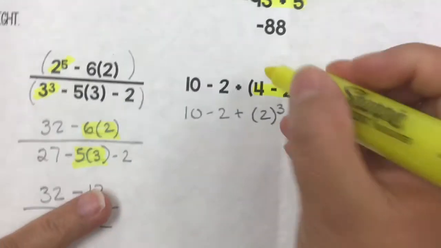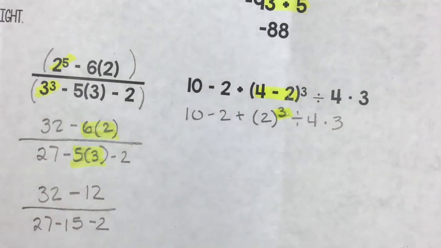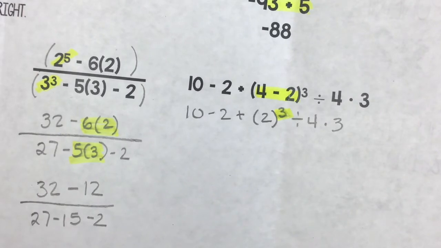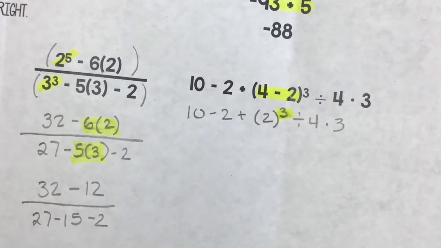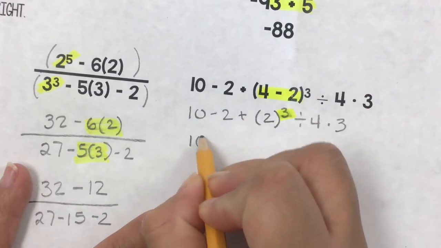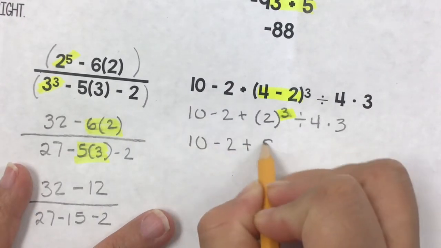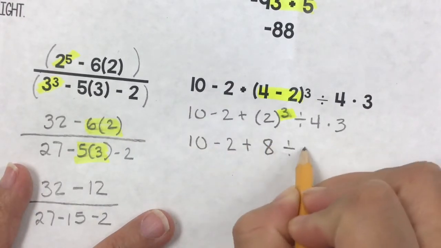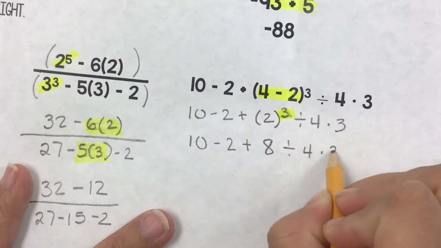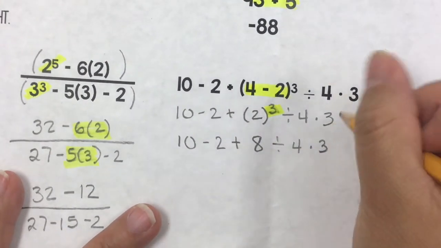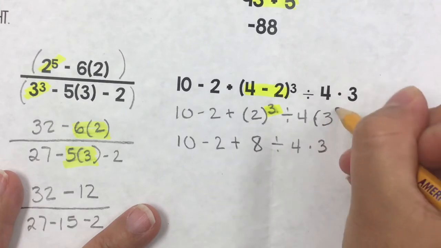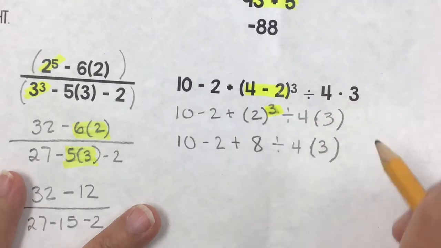The only exponent we have is this one right here. 2 to the 3rd power is 8. So I have 10 minus 2 plus 8 divided by 4 times 3. Remember, we don't use those dots anymore, so I'm going to put it in parentheses because that's multiplication.